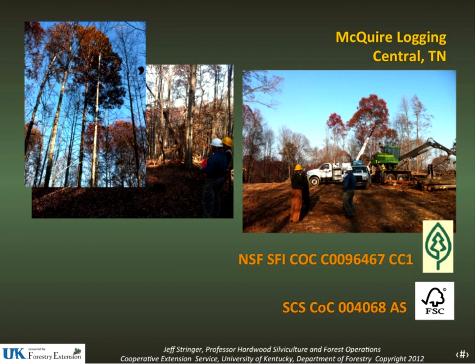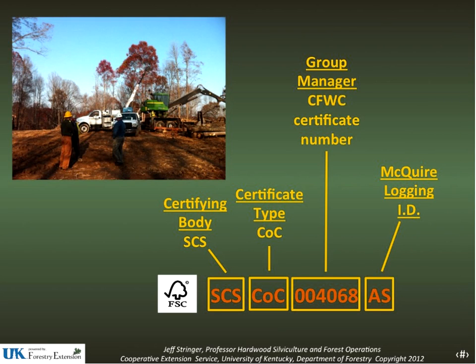Now this logging operation has chain of custody certificates, and they could have both an SFI chain of custody or an FSC chain of custody, and they're going to use this chain of custody certificate to allow them to get credit in the certified markets for the material that they're logging off of the woodlands, the Raybon Binkley tract.